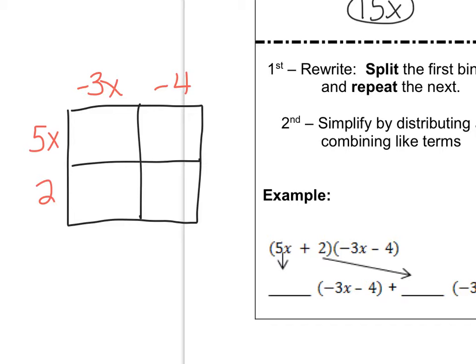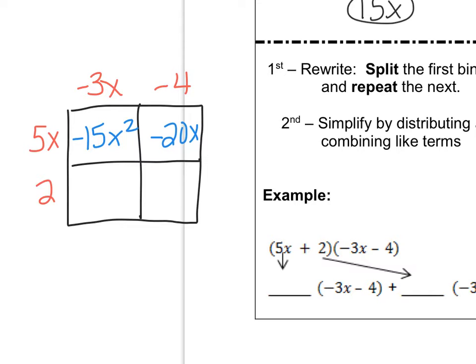Okay, so in our area models, we're just multiplying. We'll first start up on the top row, and we'll multiply the 5x times the negative 3x. So I'm just going to go ahead and fill this in. That gives me a negative 15x squared. And then I'm going to multiply my 5x by negative 4, which gives me negative 20x.